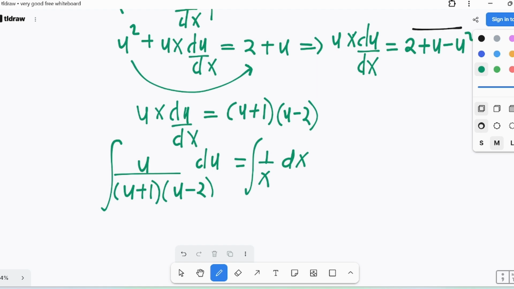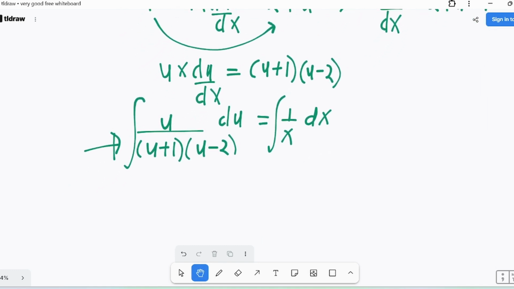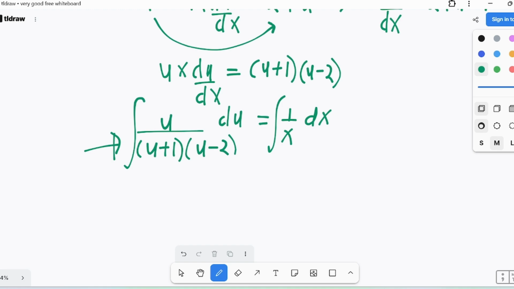Now when you integrate on your left hand side, we use partial fractions, linear denominator with linear factors. So we can deal with this partial fraction first.